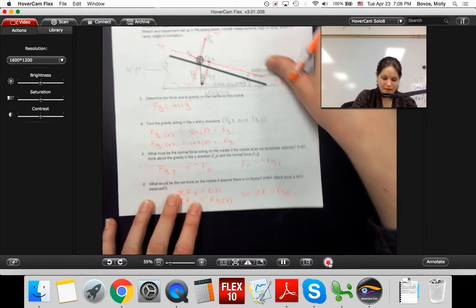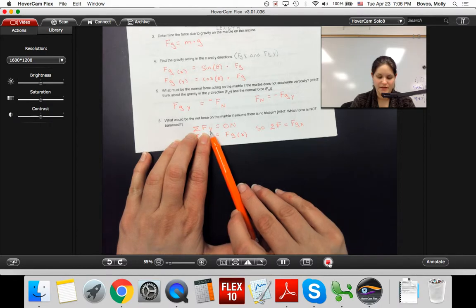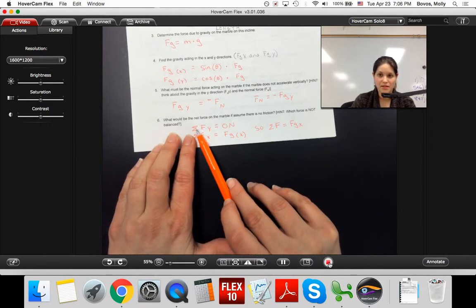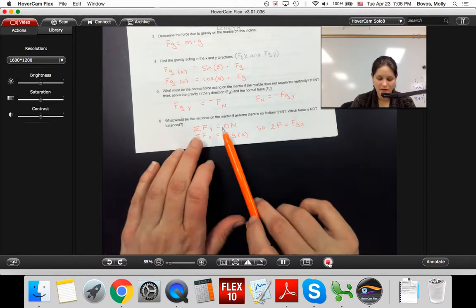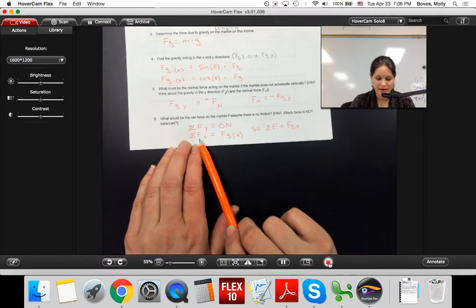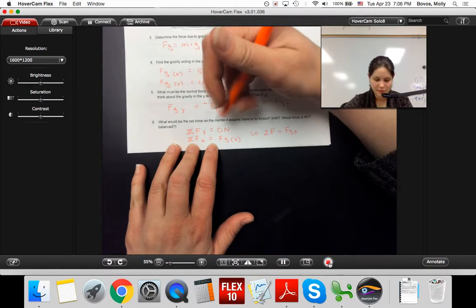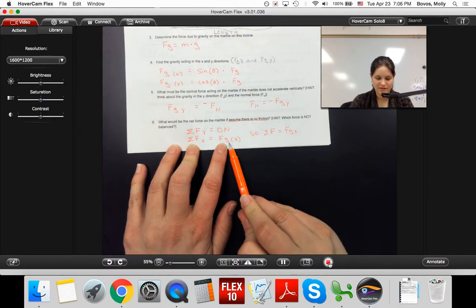Anyway, we know then that our net force acting vertically, net force in the y direction, remember the sigma, sum, means net, total, added together. That's 0. And then in the x direction, since we are assuming that there's no friction here, there's only the one force. It's just this one.